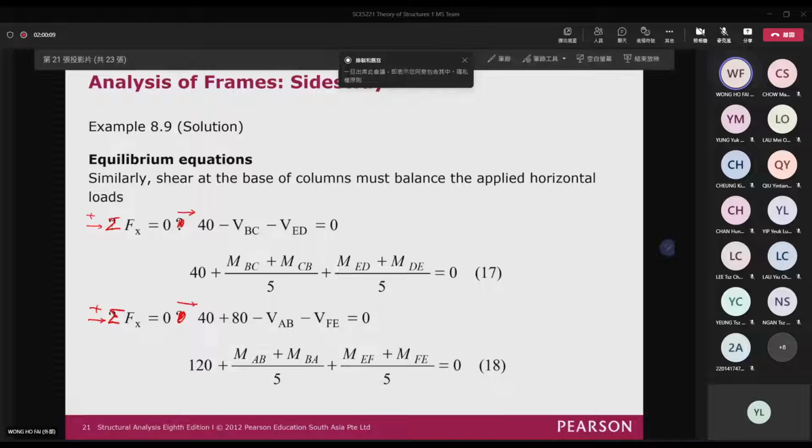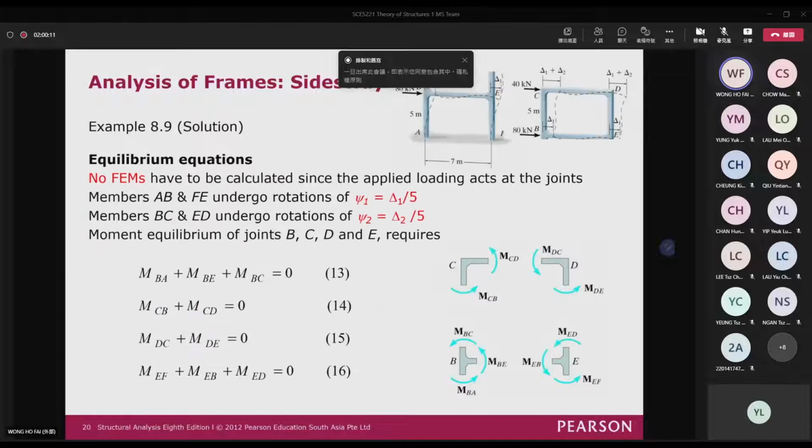Now, you can think of the equilibrium for 2 parts. Actually, you can think that for the first part is here. This shear, and then we balance this 40 kN. And then for the second part, actually, you have the shear on the first and then second floor, 40 kN and then 80 kN.